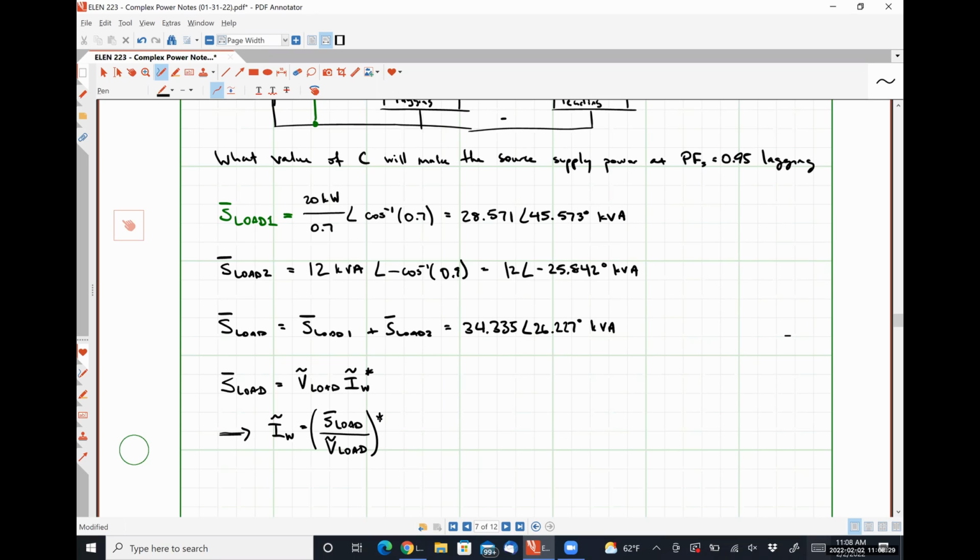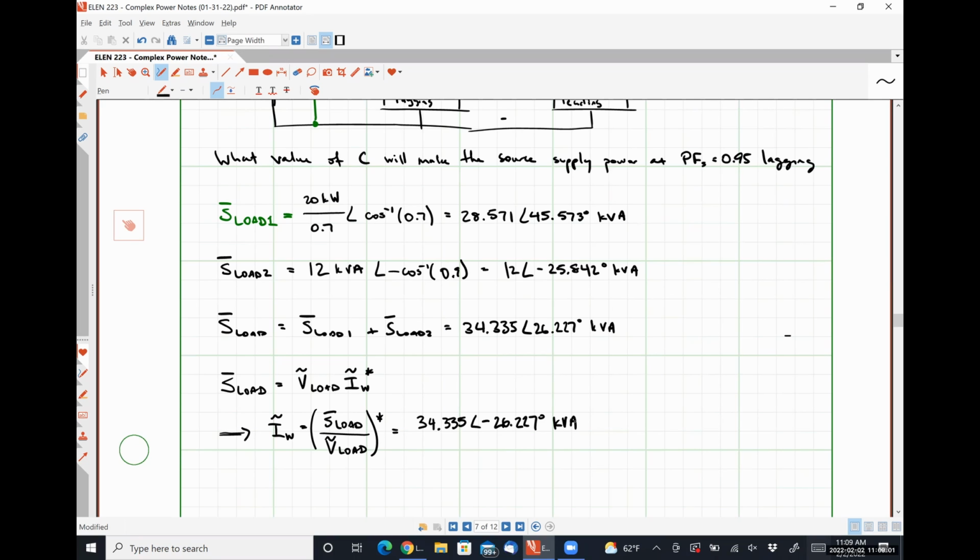So in this case, that is going to look like 34.335 angle negative 26.227 degrees kilovolt amperes, where the change in sign from S_load here to S_load here is because I'm doing the complex conjugate operation.